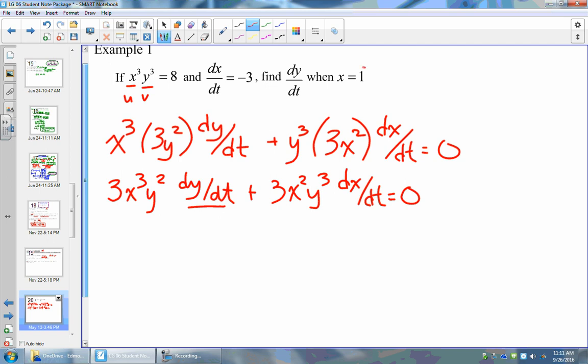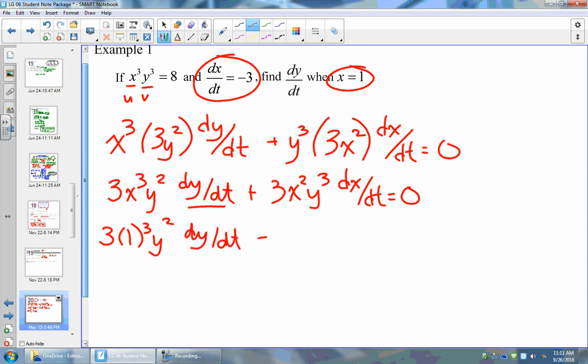We know that x is equal to 1, and we know dx/dt is equal to -3. So let's substitute that in. I've got 3 times 1 cubed y squared dy/dt plus 3 times 1 squared y cubed times -3 is equal to 0.